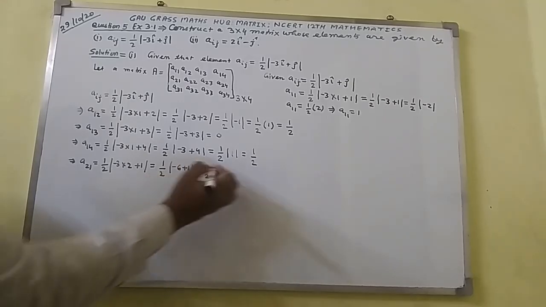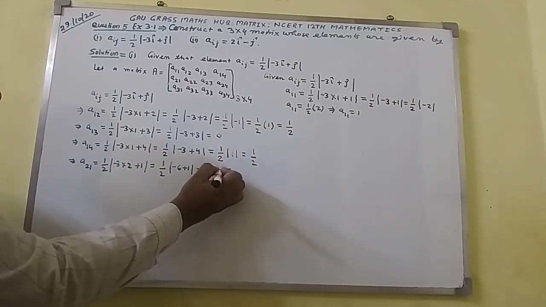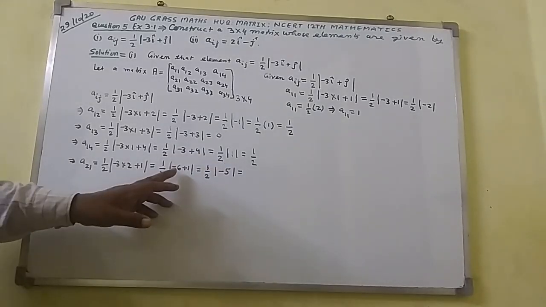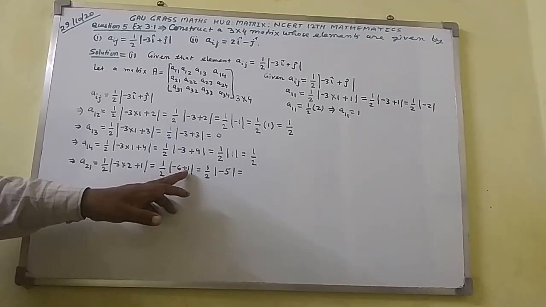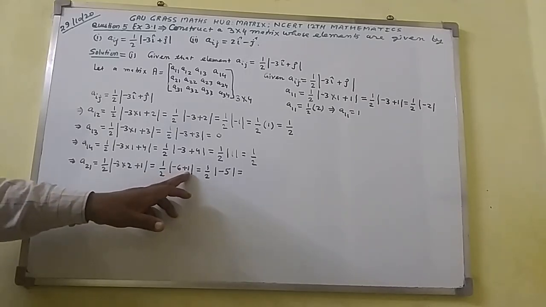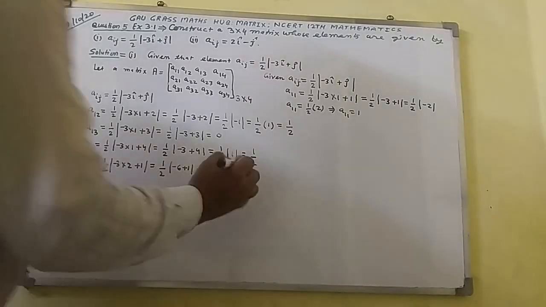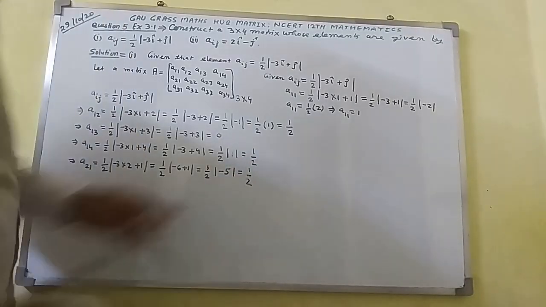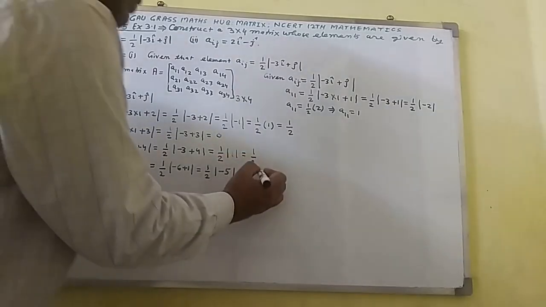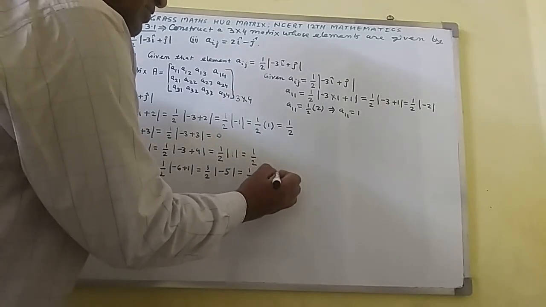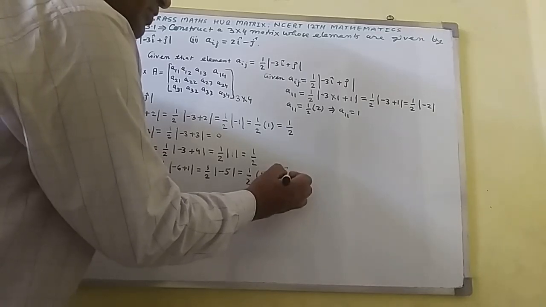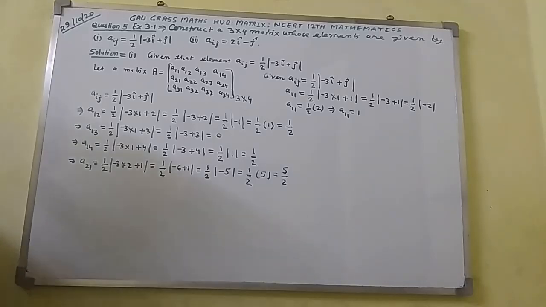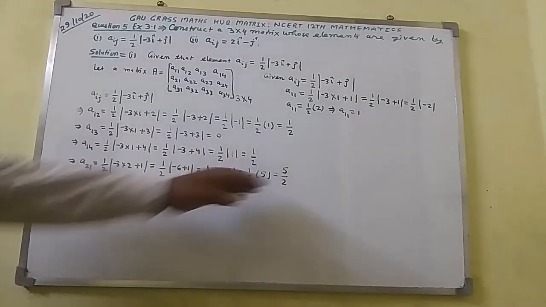Minus 6 plus 1 we will get minus 5. 1 over 2, mod minus 5 comes out to 5 only. So you will get 5 over 2. So the value of A21 you have got is 5 over 2.